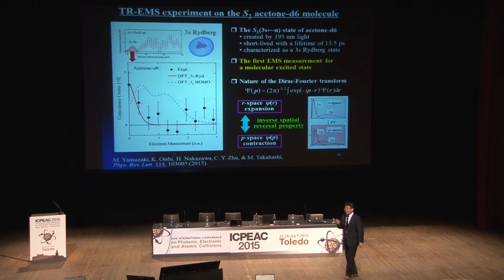On the other hand, the radial part of a wave function is largely affected by the Fourier transformation. High density at large r leads to high density at small p and vice versa. Therefore, the diffuse 3s Rydberg orbital possesses a sharply peaked momentum distribution. The associated theoretical calculation supports this observation.